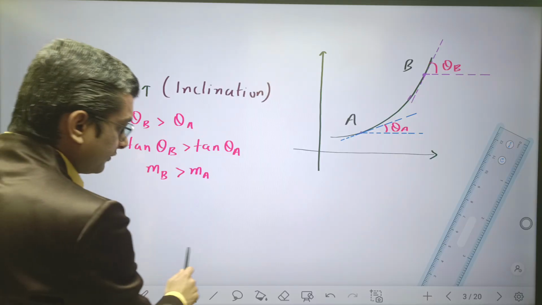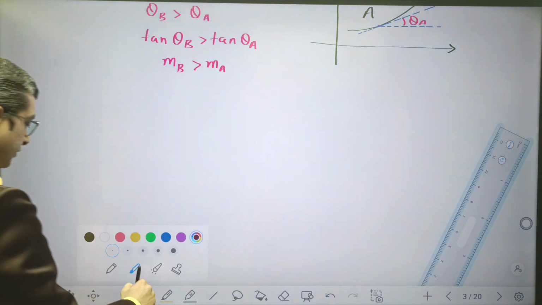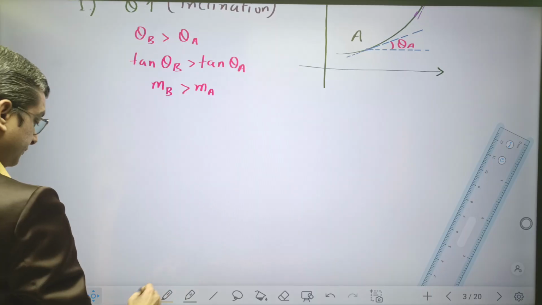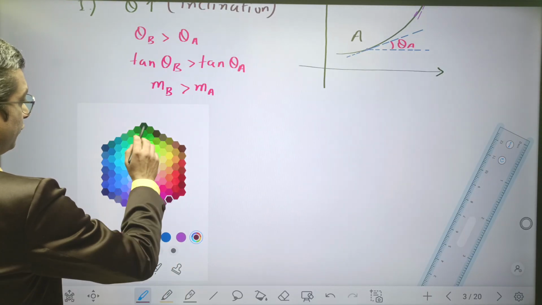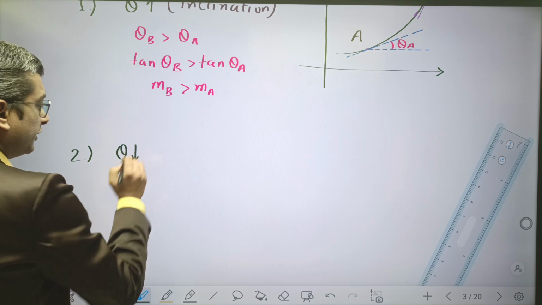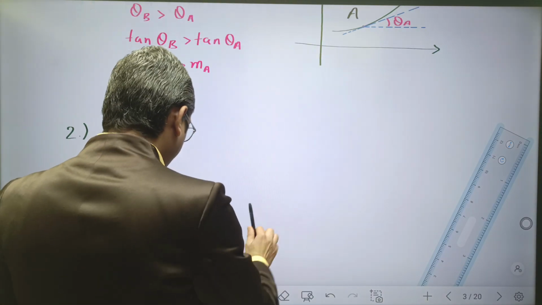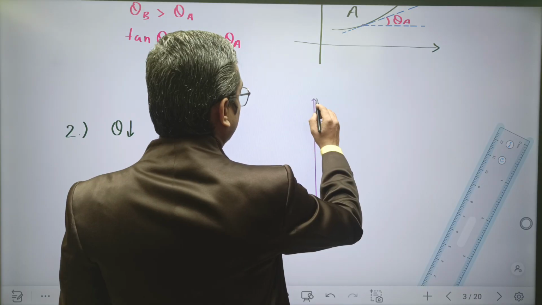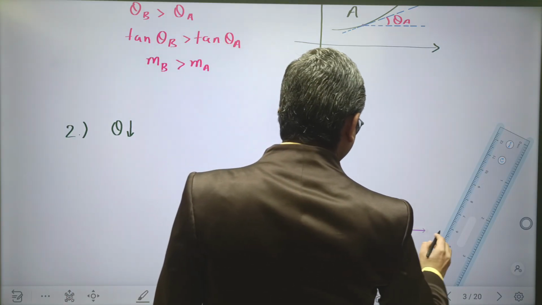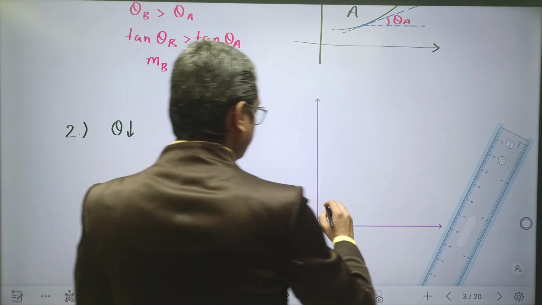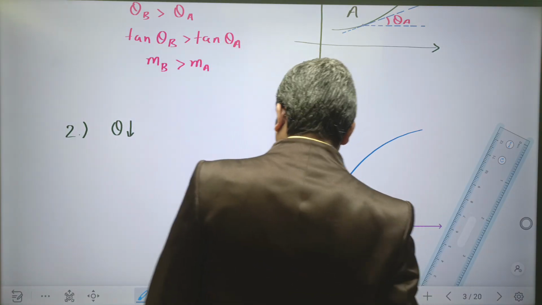Now the second case, what was the second case? That is decreasing slope. Theta decreases. So its graph will be like this: let us suppose this is the y-axis, this is the x-axis, and the graph goes like this.